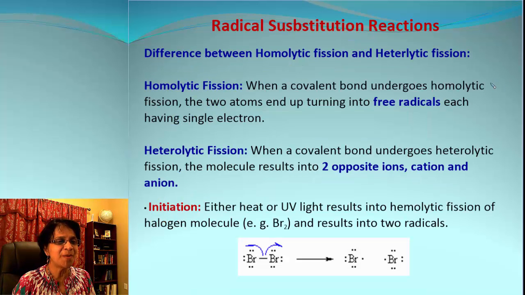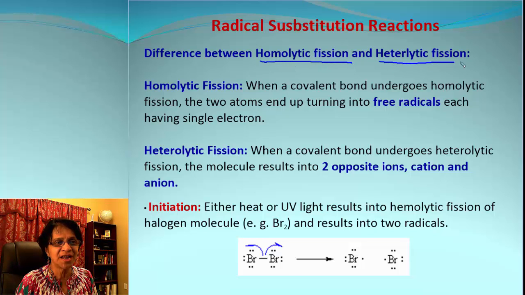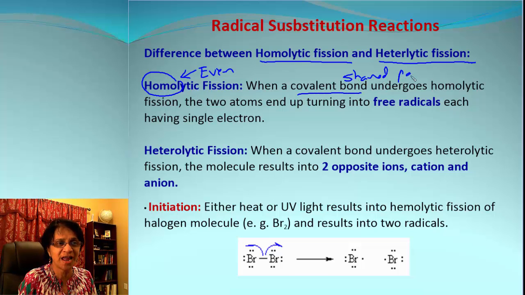Let's talk about how a covalent bond breaks and forms radicals. There are two different types by which a bond fission takes place. One is called homolytic and the other is called heterolytic fission. As the name suggests, homolytic fission is the even breakage of the bond. A covalent bond has a shared pair of electrons.